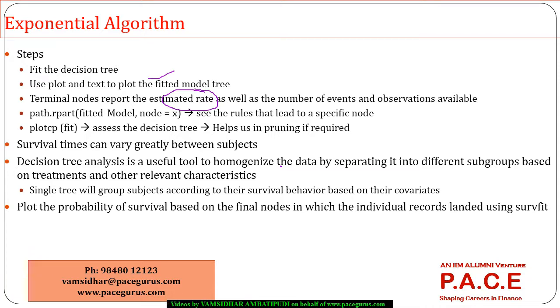Survival times can vary differently between the subjects, but once this survival is there, I can think of plotting this survival object, one for the first innings and one for the second innings as well, right? Because normally decision tree analysis is useful to homogenize the data.